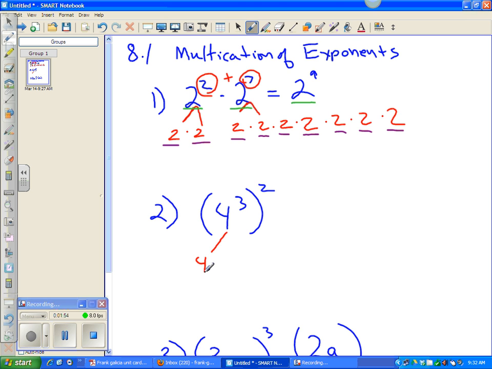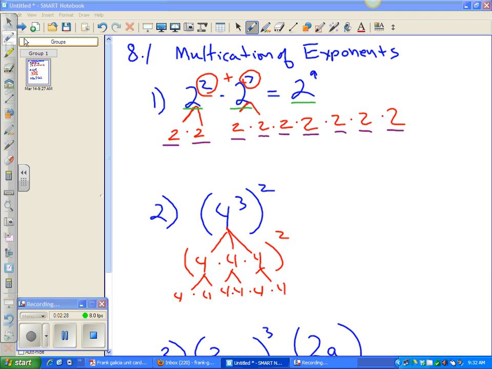This means 4 times 4 times 4, and you're asking the mathematician to raise this to the 2nd, which means I'm going 4 times 4 times 4 times 4 times 4 times 4, which becomes a total of 1, 2, 3, 4, 5, 6 fours here, which now I can make 4 to the 6th.